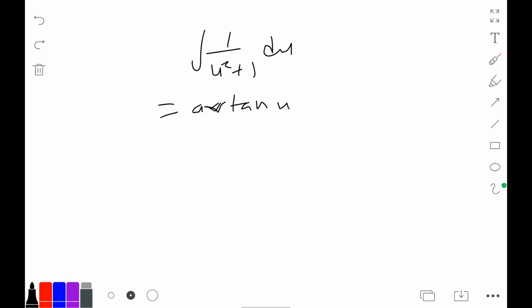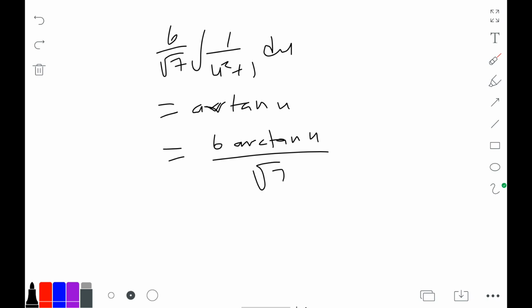When it gives you arctan u, remember we have 6 over square root of 7, so this ends up being 6 arctan u over square root of 7.